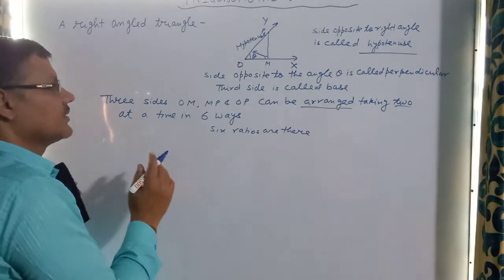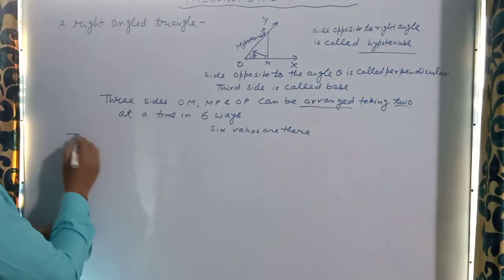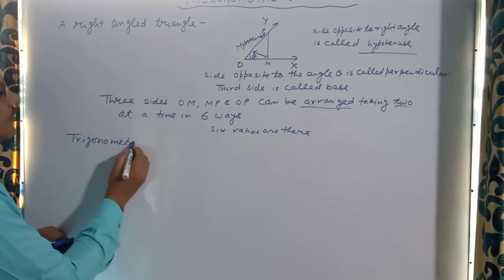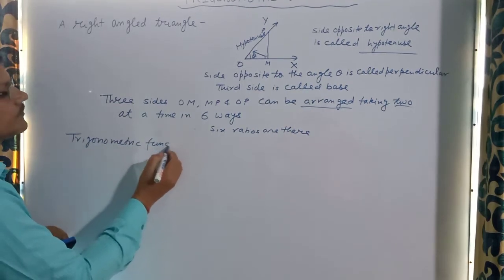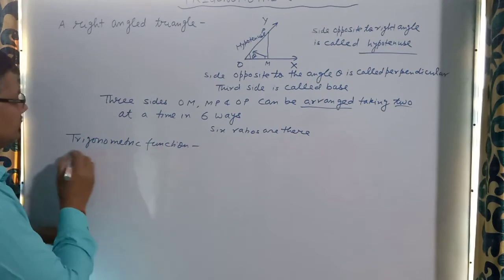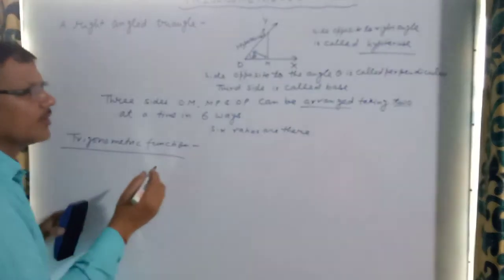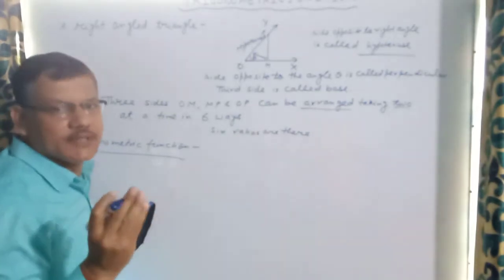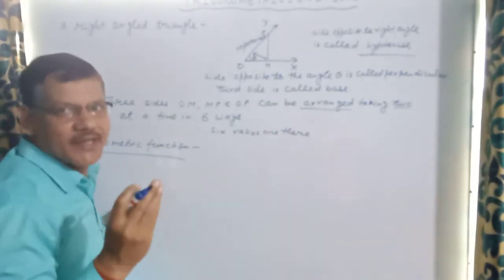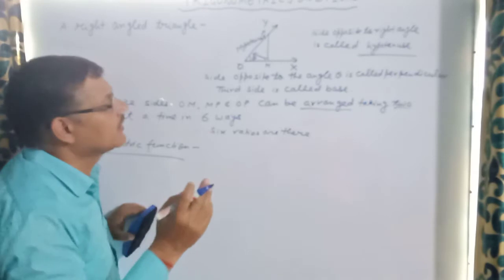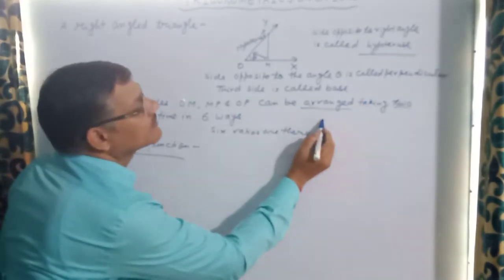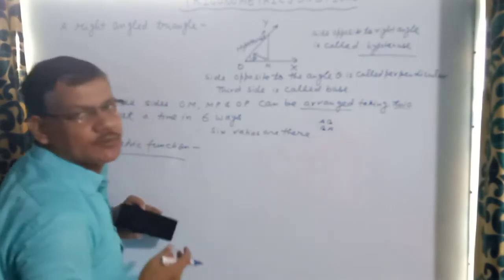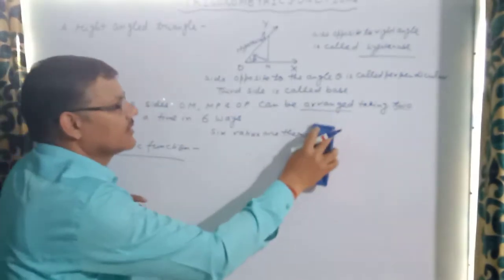Now let us start with trigonometric functions. Trigonometric functions means what? We are going to take the ratio of 3 terms, that is hypotenuse, perpendicular, and base, one by one. Since when we arrange A and B, it is different from BA, that's why we get 6 ratios.